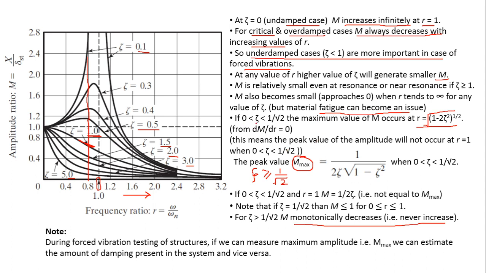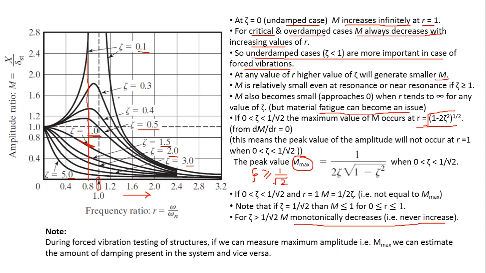So they are saying that if zeta is greater than 0 and less than 1 upon under root 2, because at values of zeta equal to or greater than 1 upon under root 2 there is actually no maximum. So for zeta greater than 0 and less than 1 upon under root 2, the maximum value of m occurs at r equals under root 1 minus 2 zeta square.